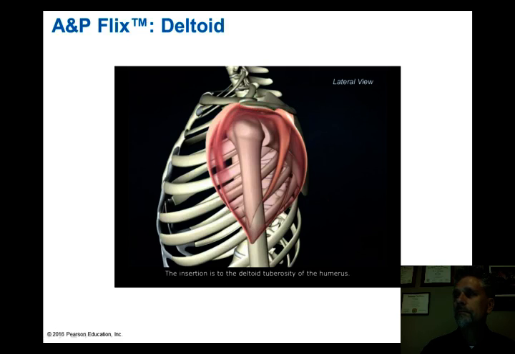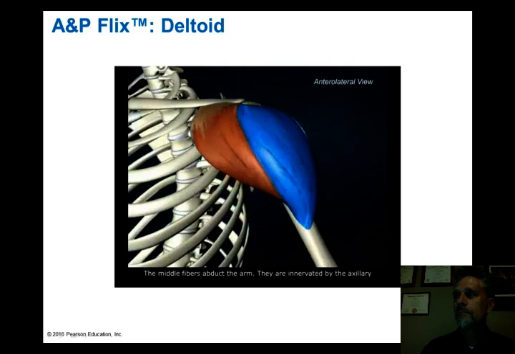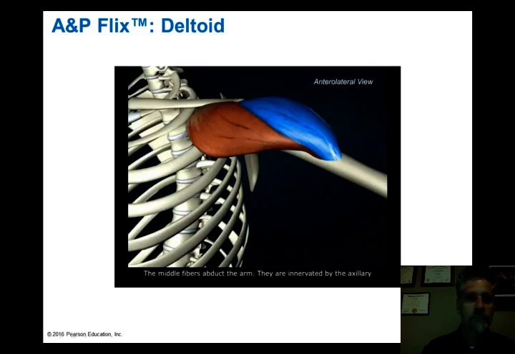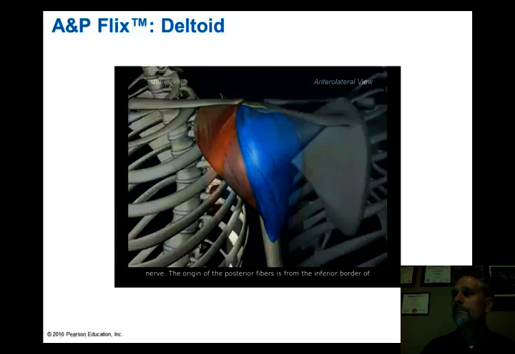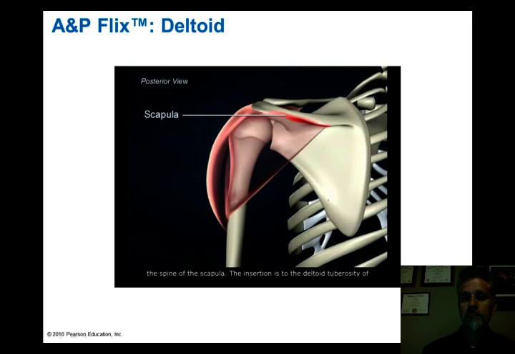The insertion is to the deltoid tuberosity of the humerus. The middle fibers abduct the arm. They are innervated by the axillary nerve. The origin of the posterior fibers is from the inferior border of the spine of the scapula.